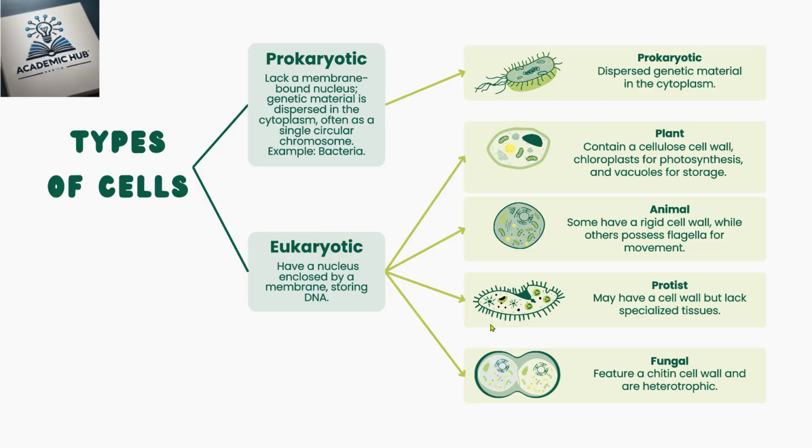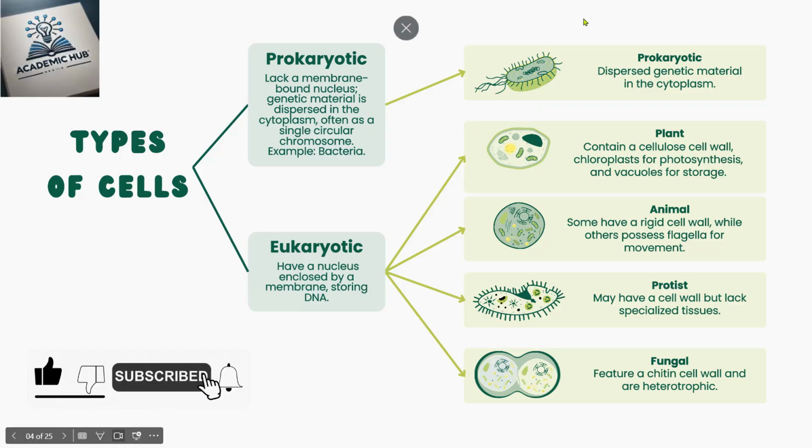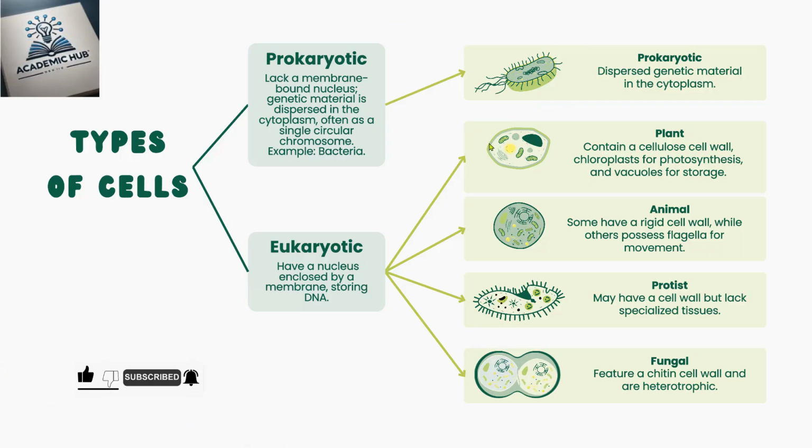Plasma membrane is a protective barrier that controls the movement of substances in and out of the cell. Cell wall: most prokaryotic cells have a rigid cell wall made of peptidoglycan, which provides structural support and protection.